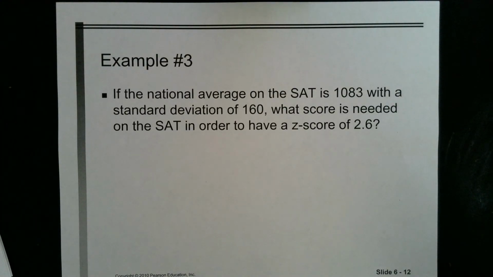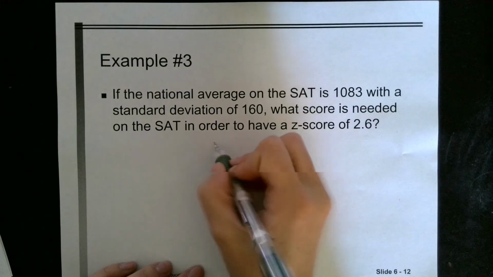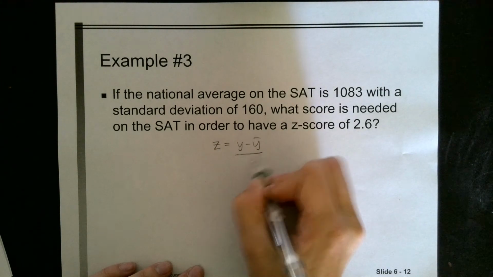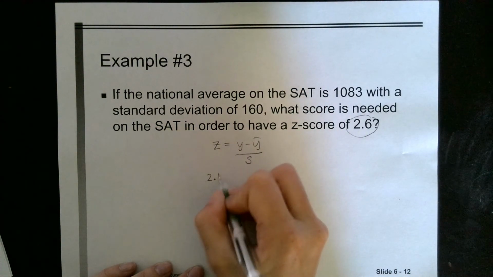Okay, our last example here says if the national average on the SAT is 1083 with a standard deviation of 160, what score is needed on the SAT in order to have a z-score of 2.6? So this time, if I think about my z-score formula, they give me the z-score of 2.6. That's what I want my z to be.